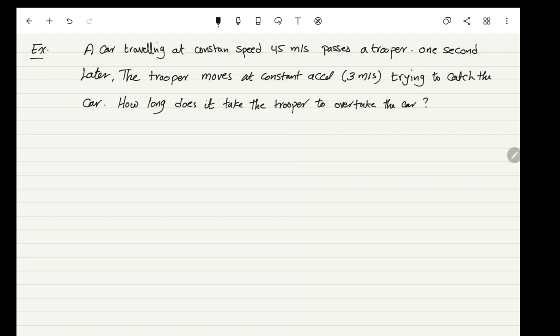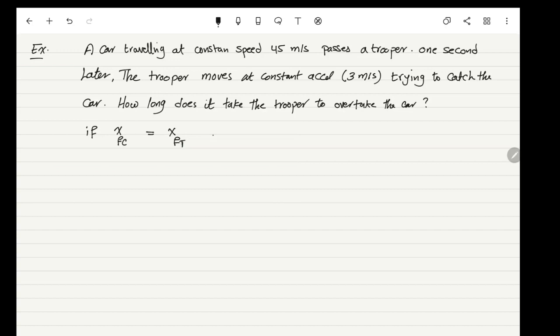Now, to answer this question, when the car and the trooper both have the same distance, they will catch up with each other. So if x final for the car is the same as x final for the trooper, then they will catch up with each other.